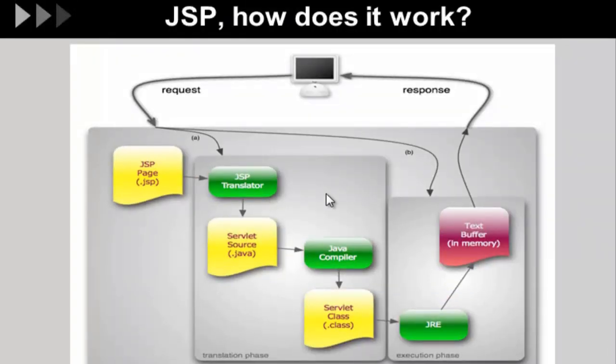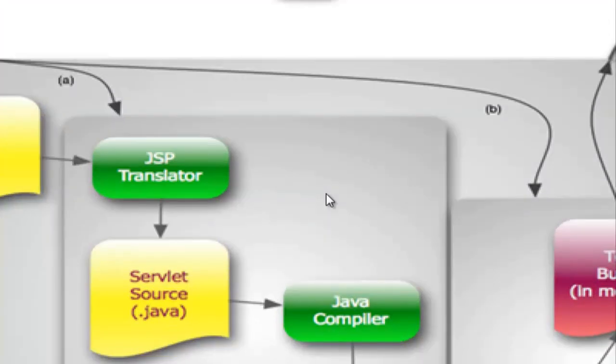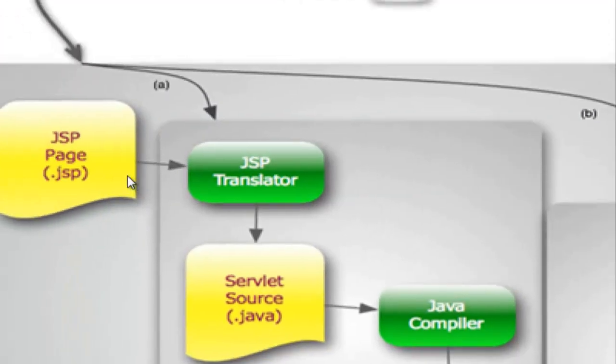When you want to execute that JSP page, the first thing that the server does, during the compilation, is translate your JSP page into servlet source code. There is a translator that goes to every line that you have written and transfers it into a Java class.